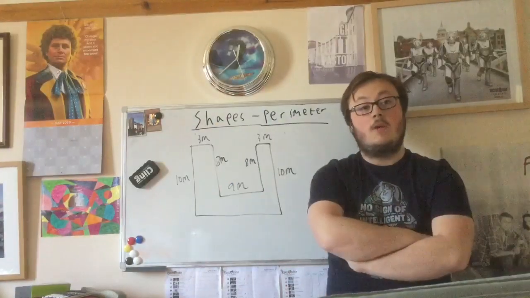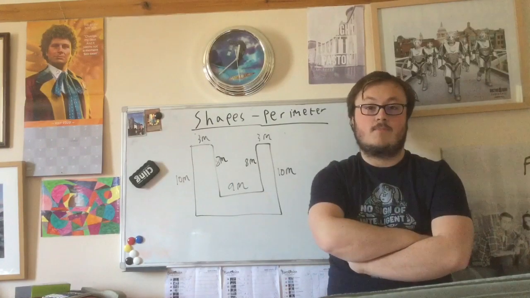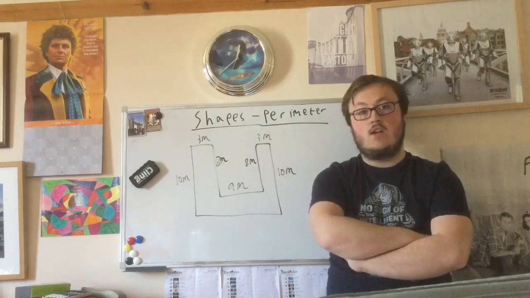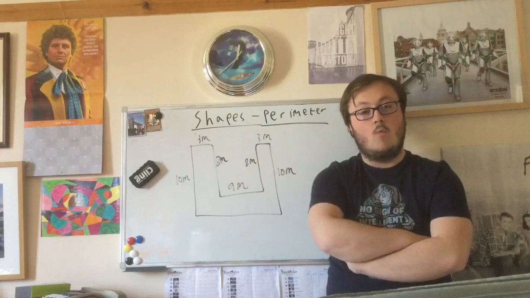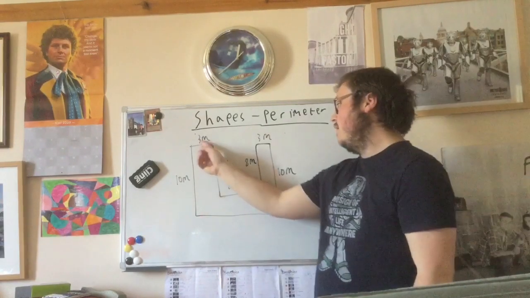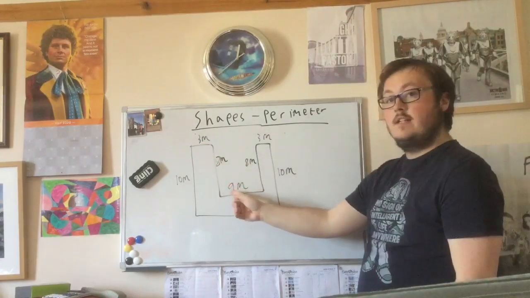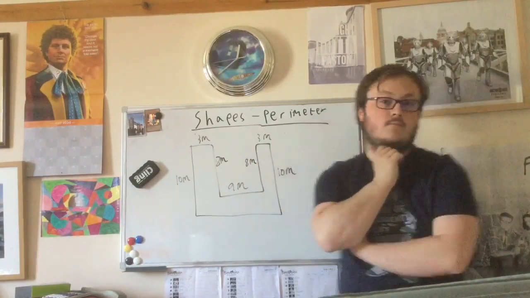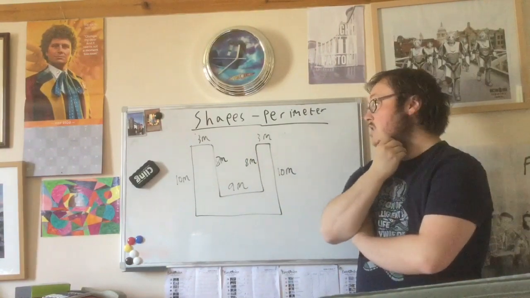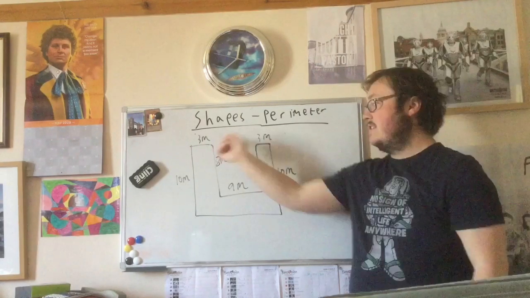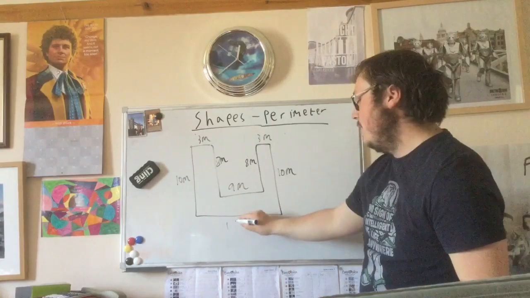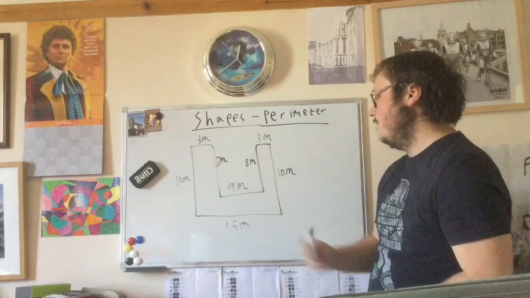Compound shapes could come in all different shapes and sizes, quite literally. So, how do I find the missing side on this to find the perimeter? Well, we know that this side plus this side plus this side will get us our missing line. So what we do, we add our 3's together to get 6, add our 9, that will get us our missing side 15 meters.